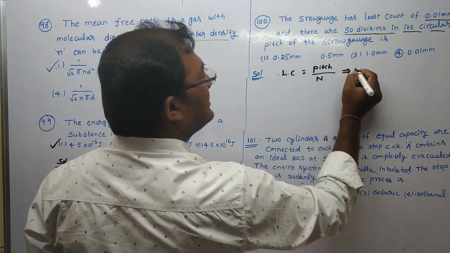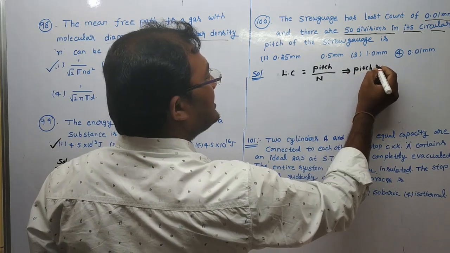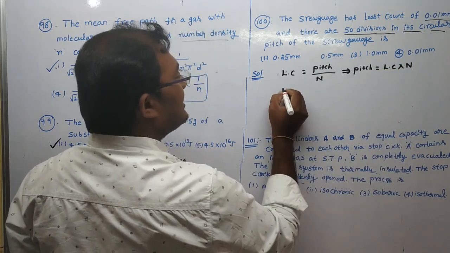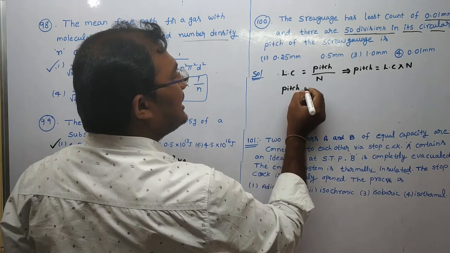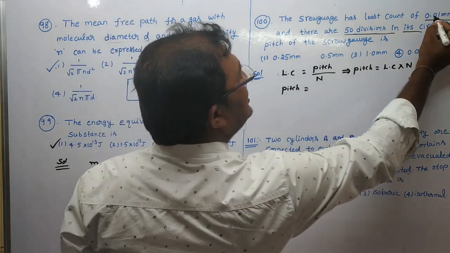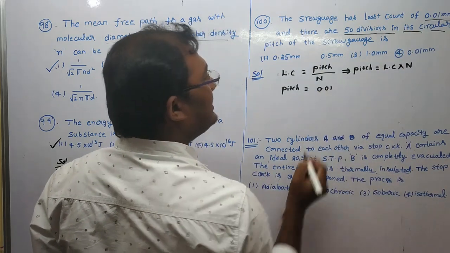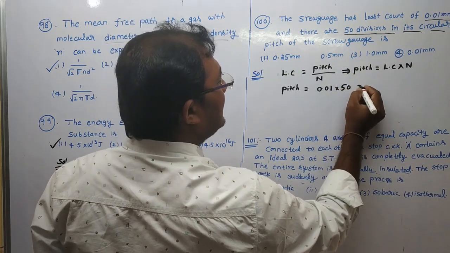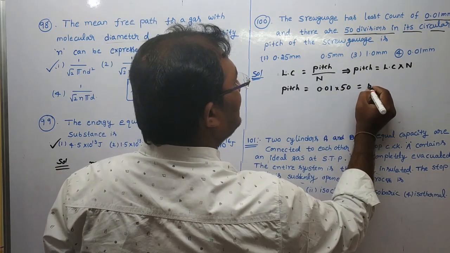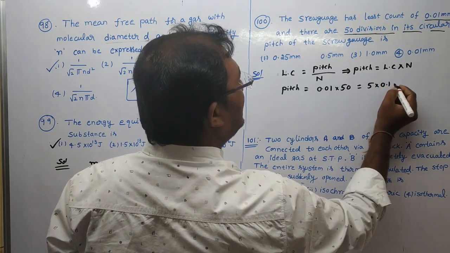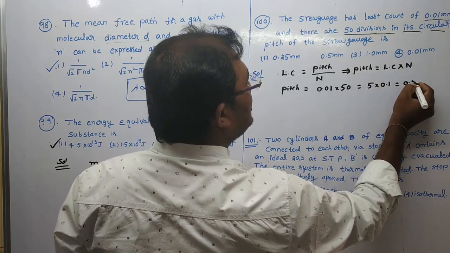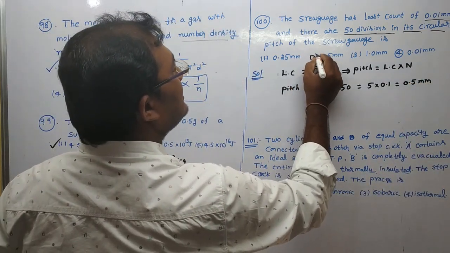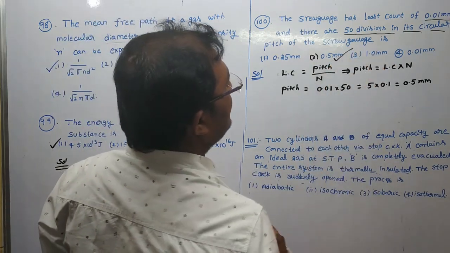That implies pitch equals LC into number of divisions. Therefore, pitch equals, here LC value is 0.01 into number of divisions 50, that equals 5 into 0.1, that equals 0.5 mm. In options, the second one is the correct one.